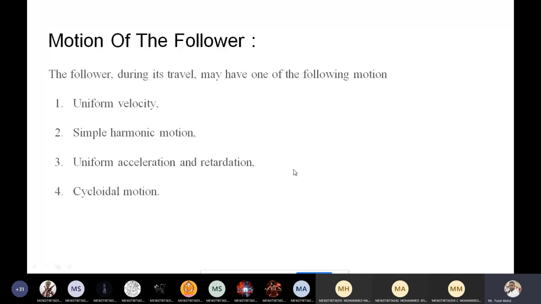The first one is uniform velocity motion. Follower motion is also known as the displacement diagram.